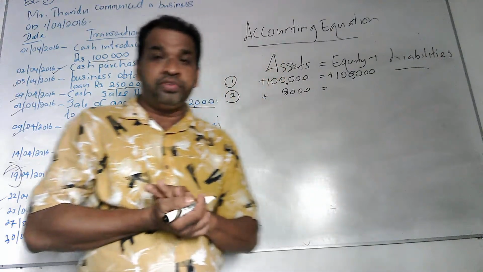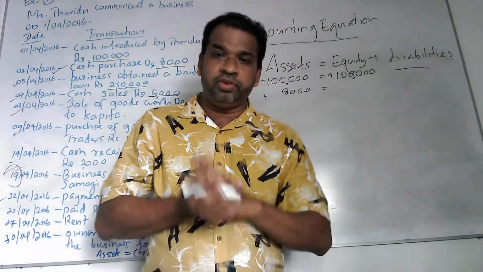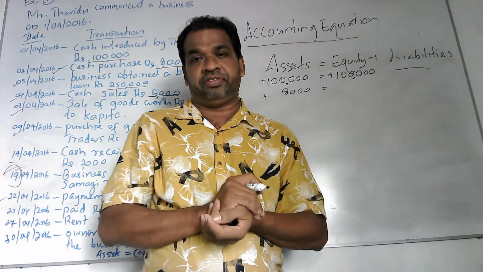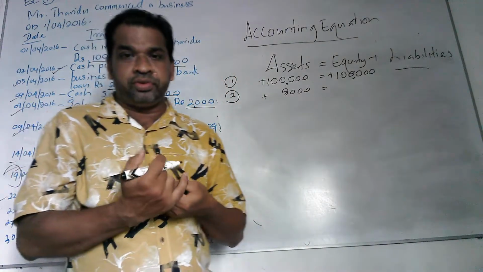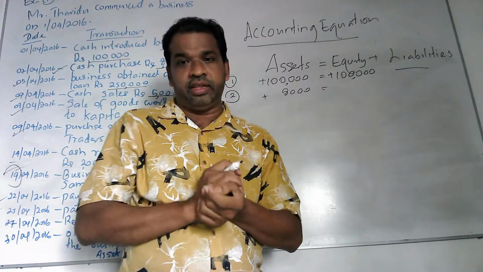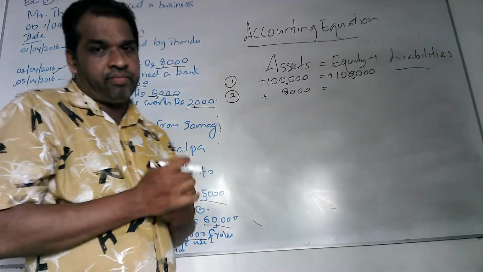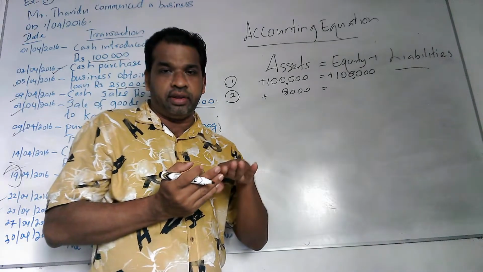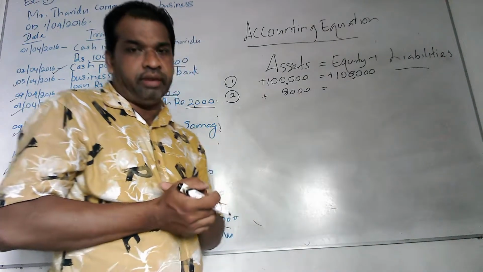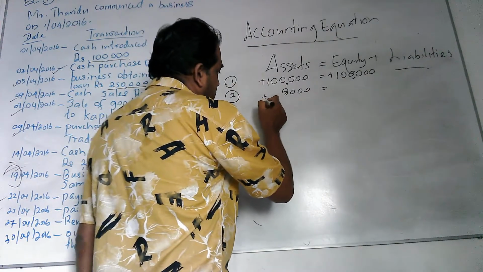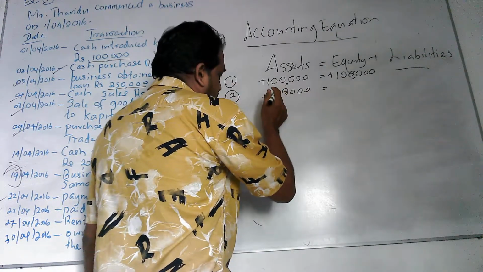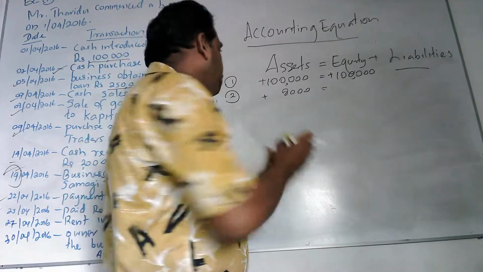When you purchase goods, we use those goods for resale purposes, not for our consumption. We use those goods to resell. Therefore, we create another asset, inventory or stocks. Inventory comes under assets. Therefore, again plus 8,000.